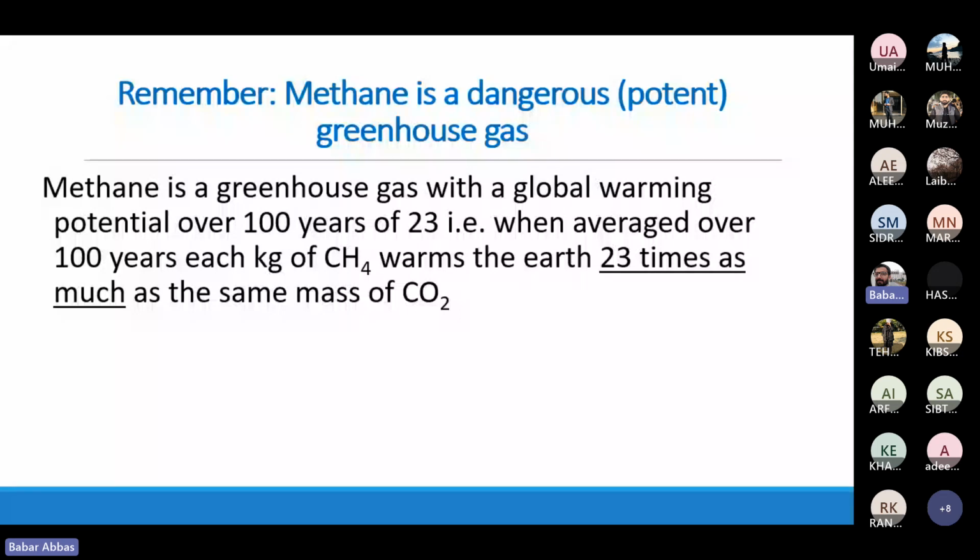You can imagine that if we are capturing the methane and using it for a useful purpose, then it would automatically reduce the emission of greenhouse gas into the atmosphere as well, because we are controlling the gas generation, capturing the gas, and then utilizing it in an effective manner.